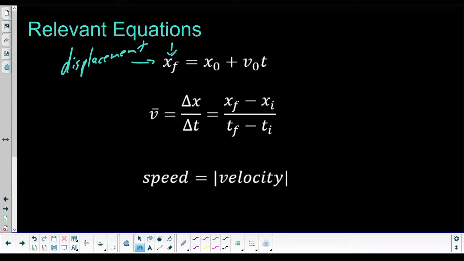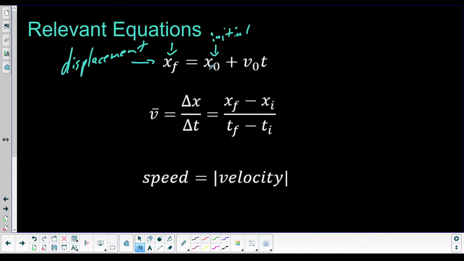So final displacement equals initial displacement plus velocity initial times time. Don't worry about this velocity initial. We're not going to change velocities today. Today is going to be constant velocity.